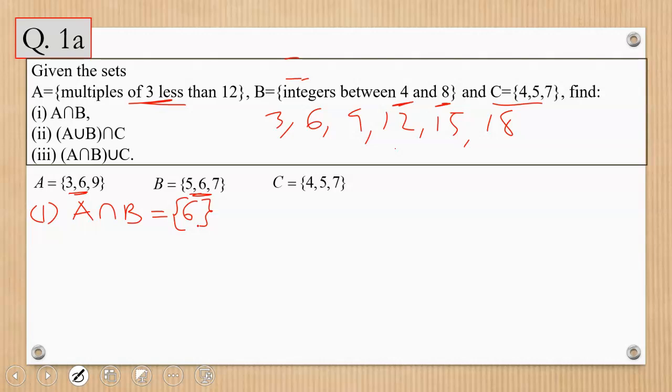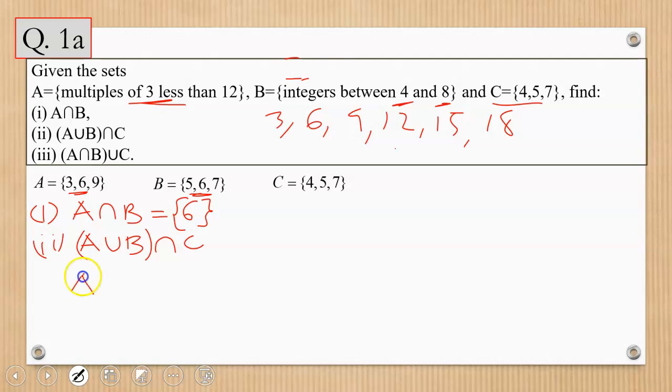It makes sense, right? Then we take the second part of it, which says A union B all together intersection C. Now, we always do the bracket first. Very, very key.